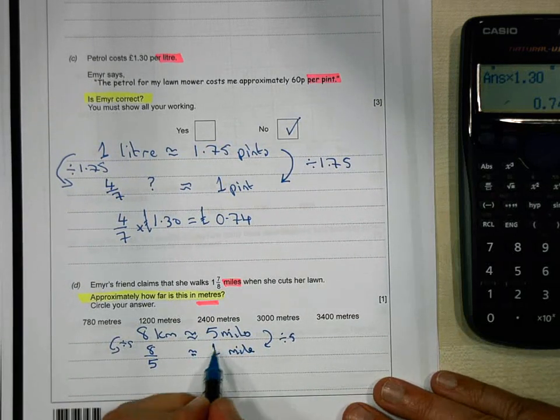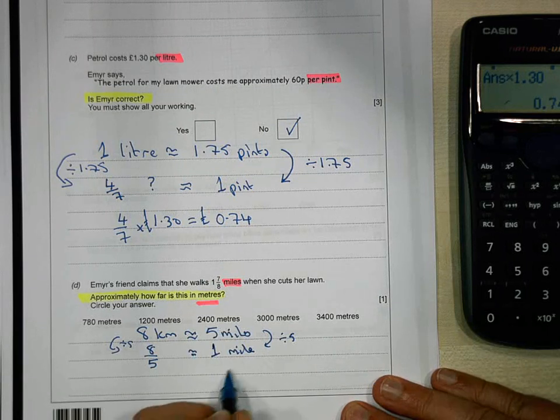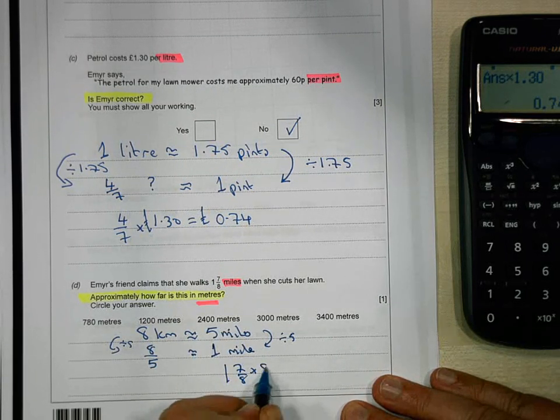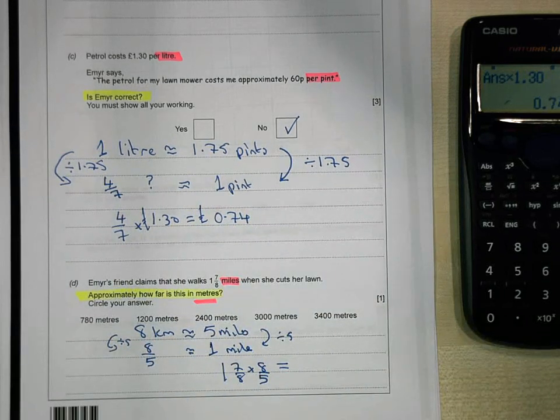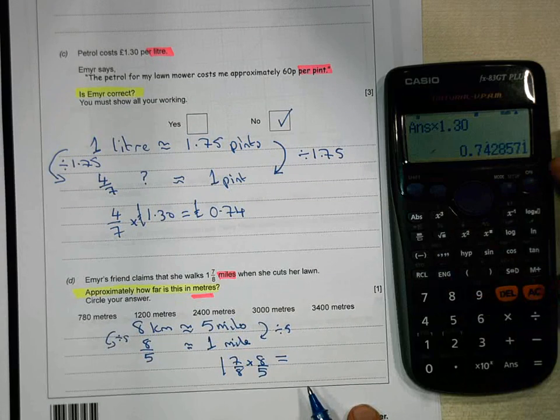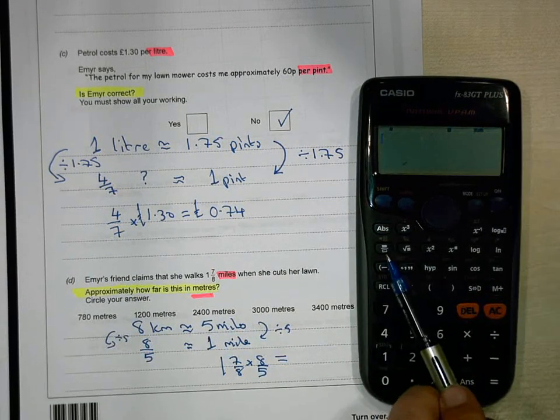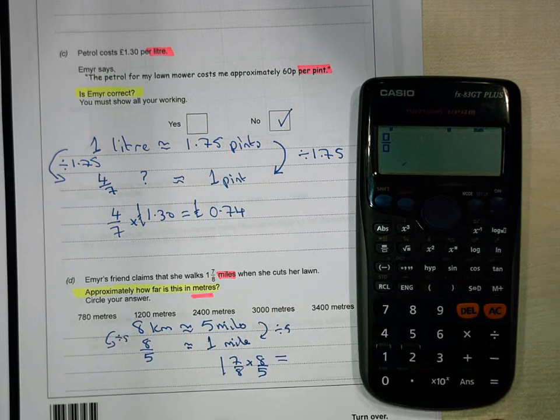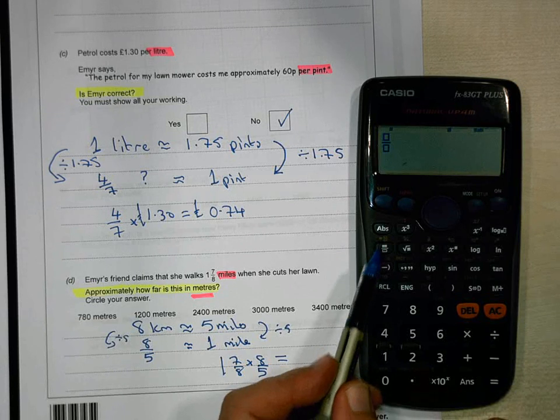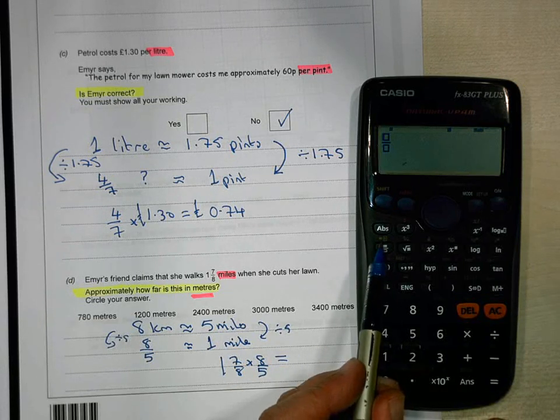And then I haven't got 1 mile, I've got this 1 7/8 miles. So then I've got to do 1 7/8 times the 8 over 5. Now, your fraction button on your calculator, we usually just press it once and it kicks off with that. But if you look above it, if we shift and press it, you can see we've got 3 boxes.